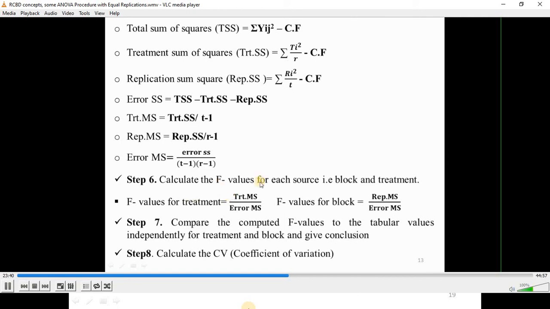The next step is estimating the F calculated values for each source of variation, in this case block and treatment.